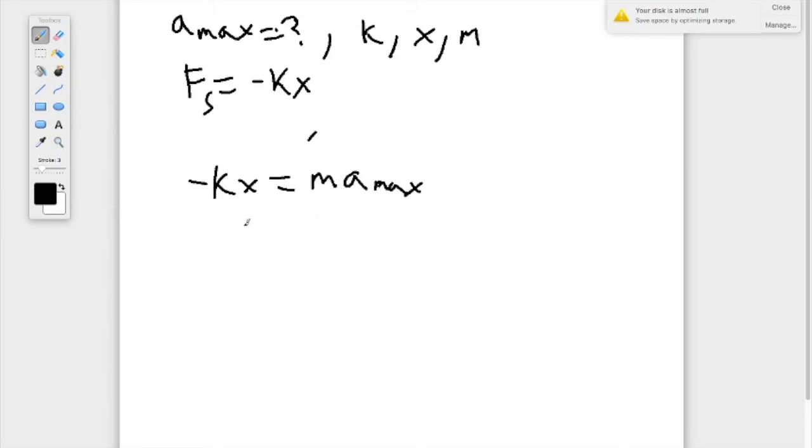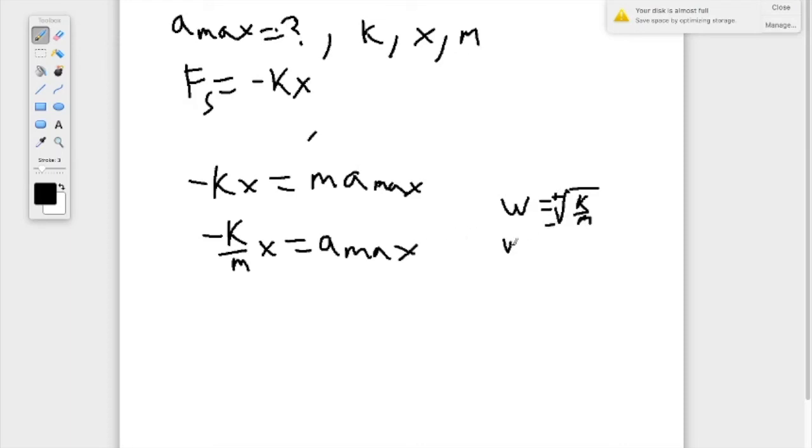So we get negative k over m x equals a max. And we also know that w is the square root of k over m, plus or minus. So when you square that, you just get w squared equals k over m.